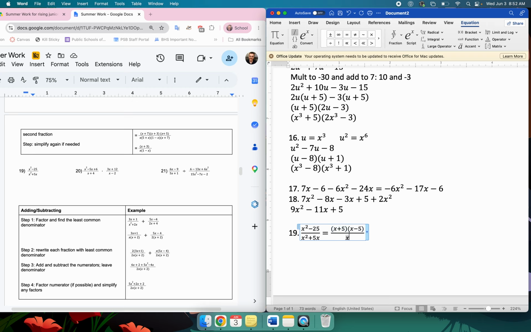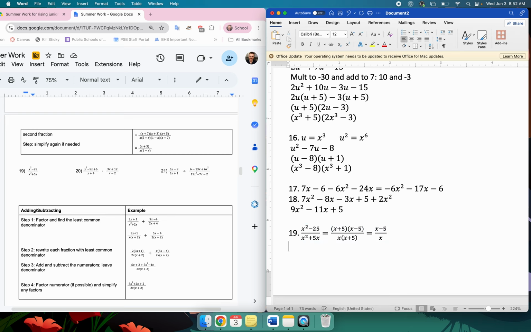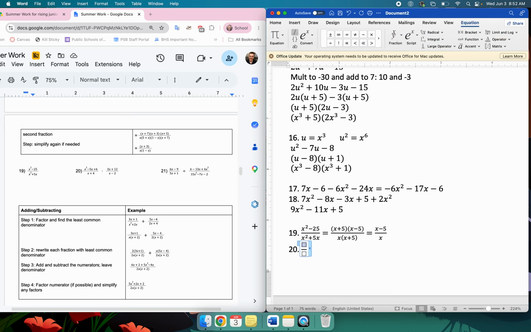The bottom, there's a common factor of x, which can be removed, and we get this. Then you cancel the common factor of x plus 5 on the top and the bottom, and you're left with x minus 5 over x. So that's that.